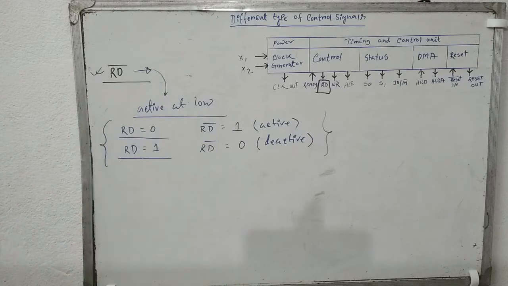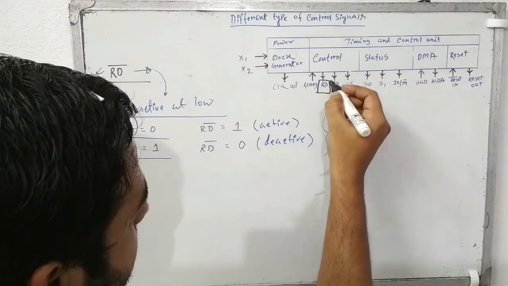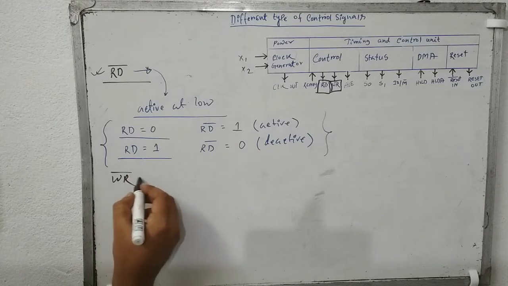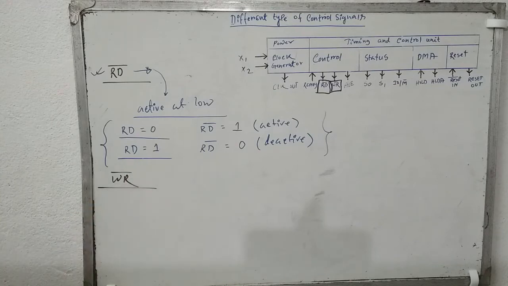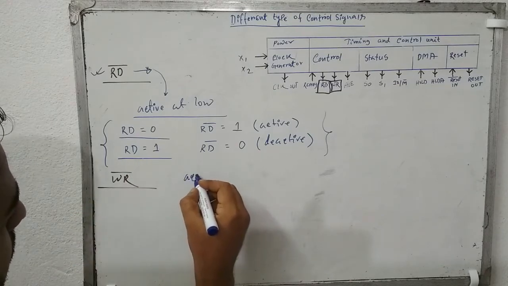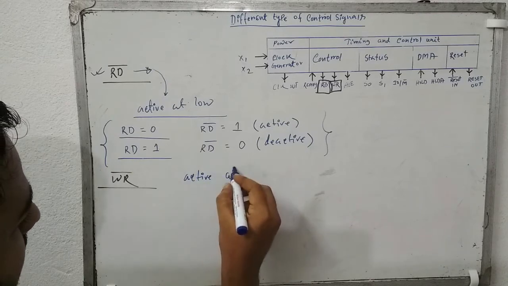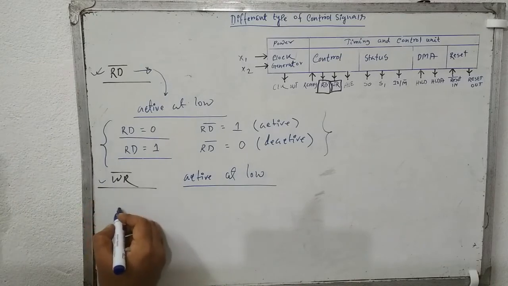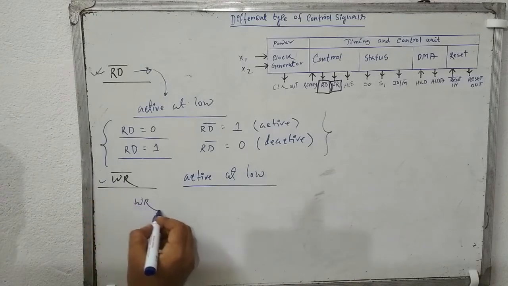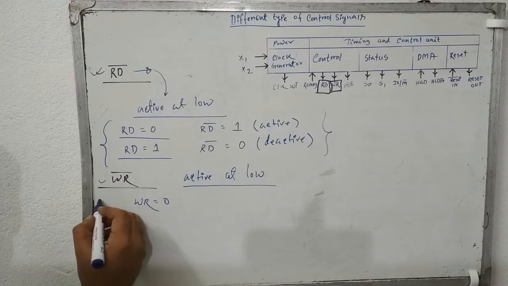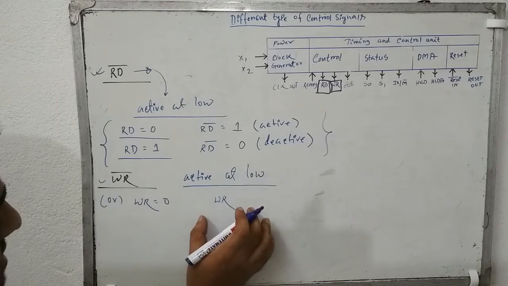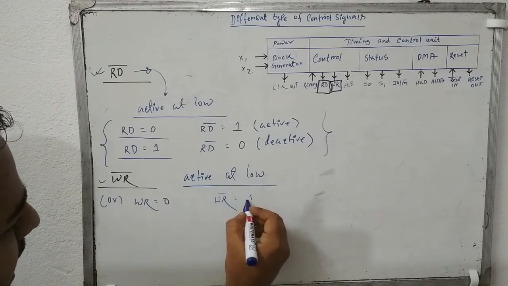So our next pin is the write pin. This is also active at low. That means if you provide a low value, 0 volt, then this signal will be active.